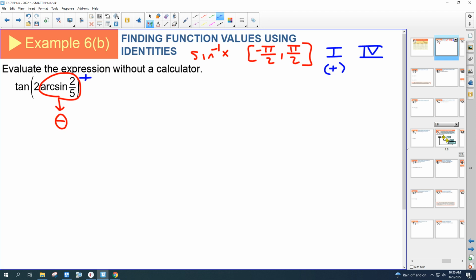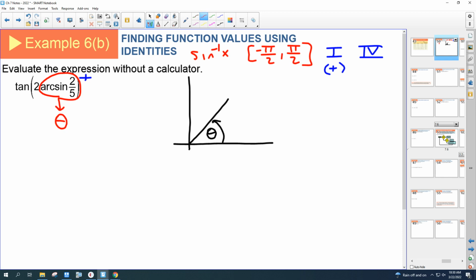This angle that they're describing has to be in quadrant 1. And so I'm going to draw a picture of this angle in quadrant 1. Theta is an angle in quadrant 1.